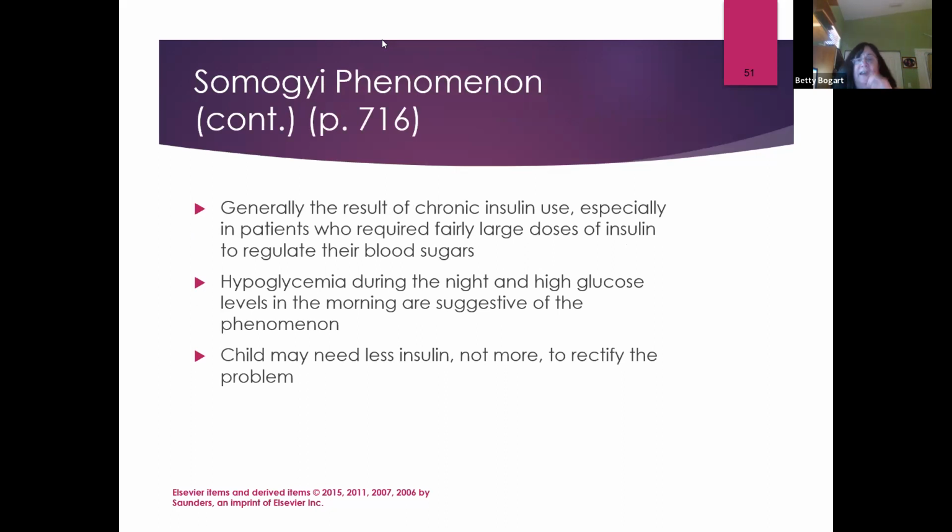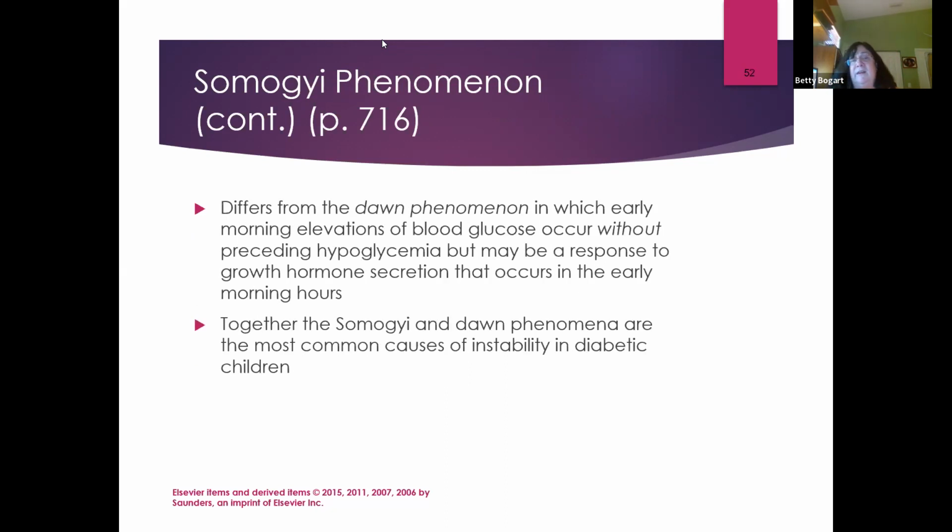And what you see is during the night, they're sleeping, they don't really feel it, they go into hypoglycemia. And then they wake up in the morning and their blood sugars are elevated. So this is, again, called Somogyi. Now, how do we take care of this high-low? Decreasing the insulin and watching the diet.